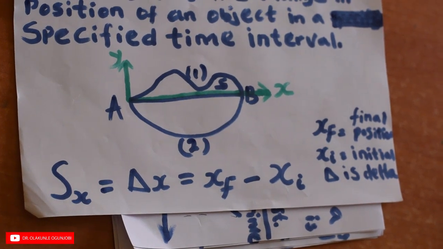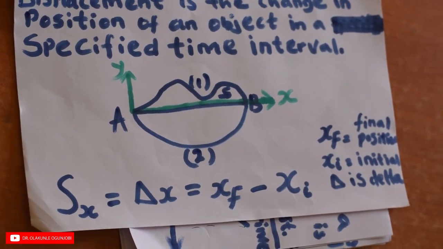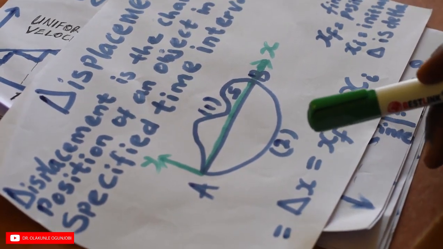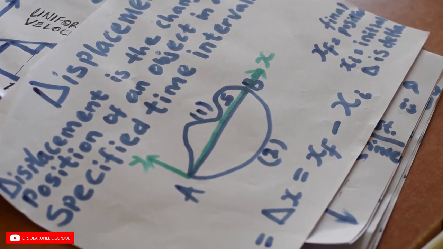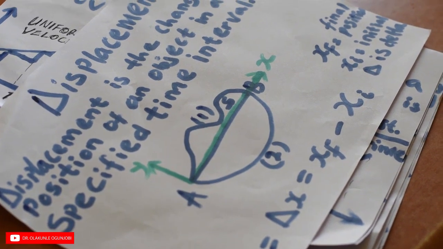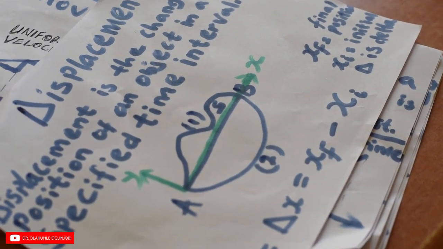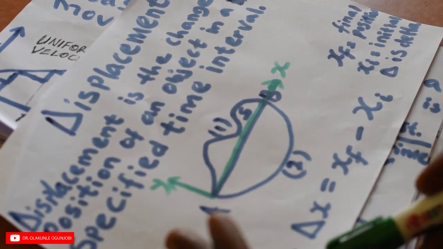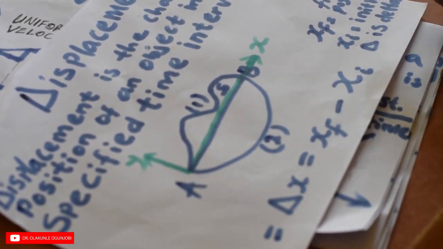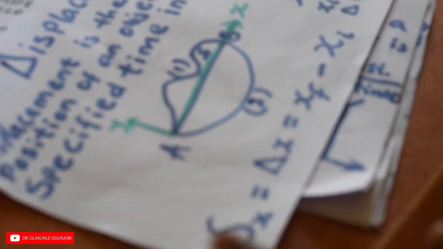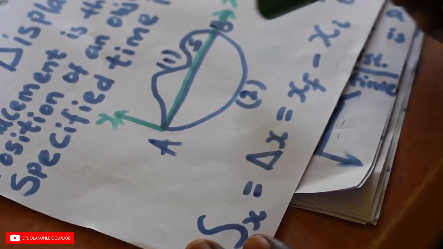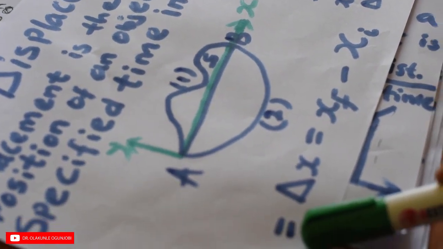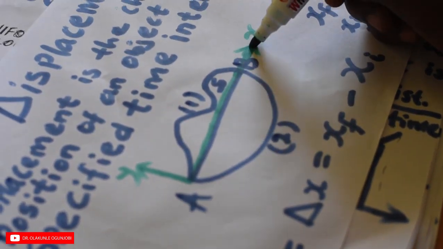But overall they both have the same displacement. If we align the system along the direction of the displacement, we can determine the magnitude of the displacement. The magnitude can be obtained using this formulation. In this case, this is the displacement in the x direction, as you can see from the arrow that points to that.